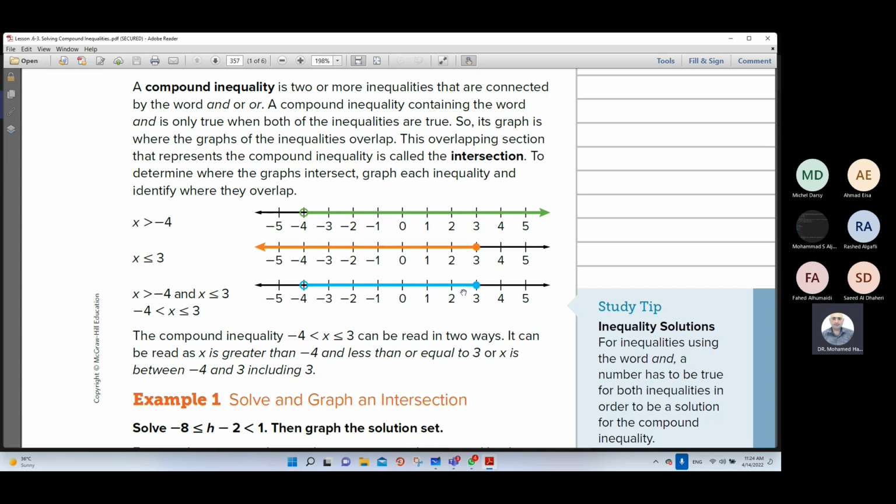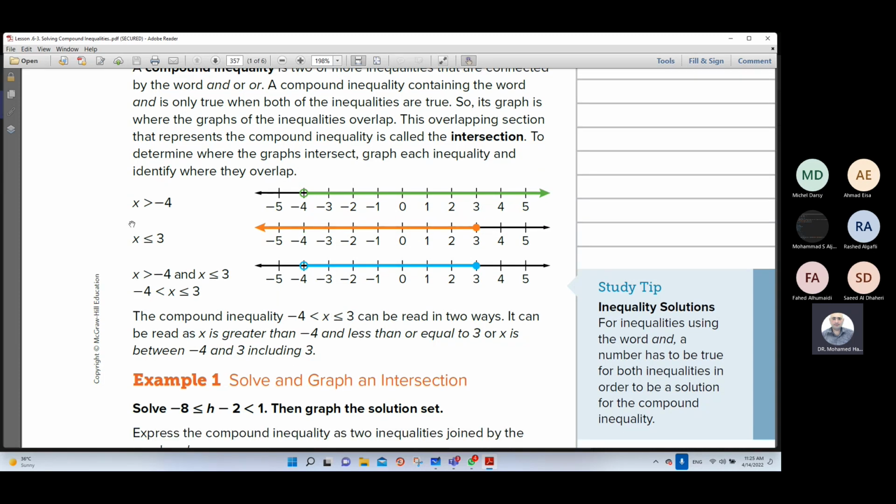Then we can write x greater than -4 and x less than or equal to 3, as a compound inequality.